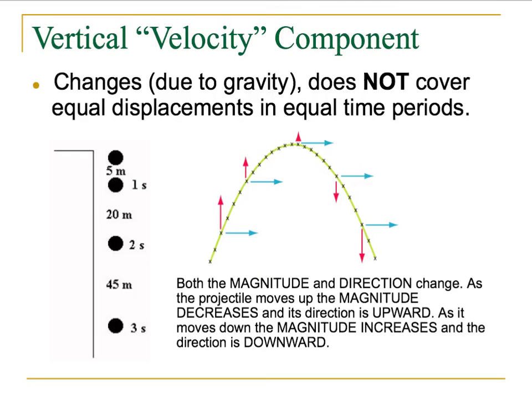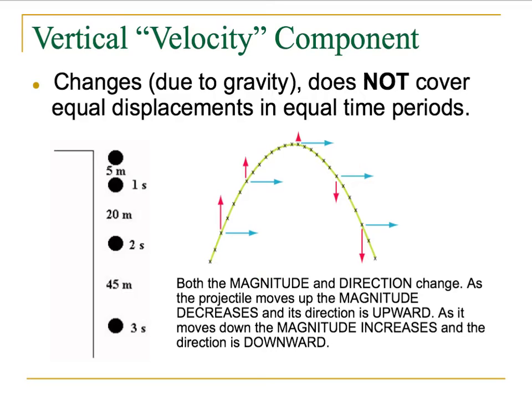The vertical velocity component does change, and it changes due to gravity. So that means that it's not going to cover equal displacements in equal time periods. So we're going to rely on the kinematic equations to analyze this motion, those ones for constant acceleration. And it's not just the magnitude that changes, it's also the direction.